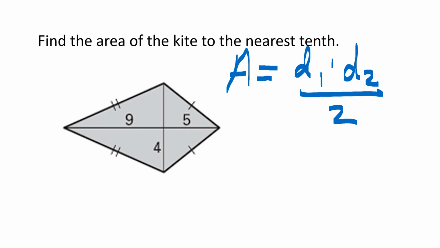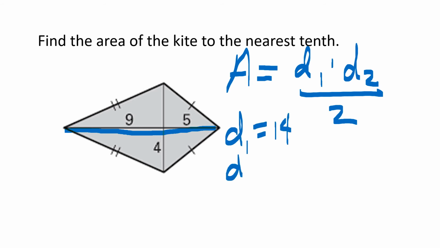So identify the diagonals. Diagonal 1 drawn from the vertex angles is 9 plus 5, which is 14. Diagonal 2 is 4, but we're missing part of it. Since this diagonal is drawn from the non-vertex angles, it's being split in half by the other diagonal.